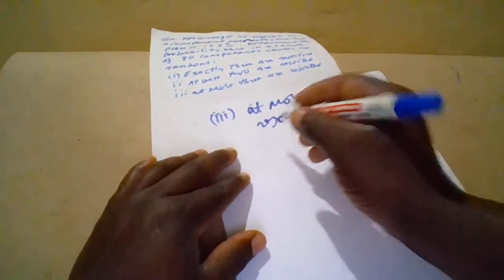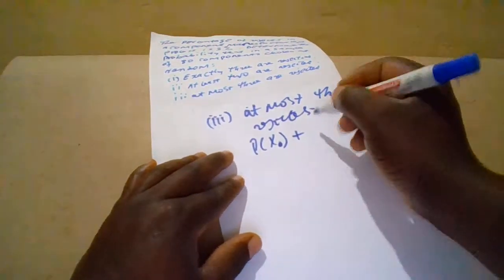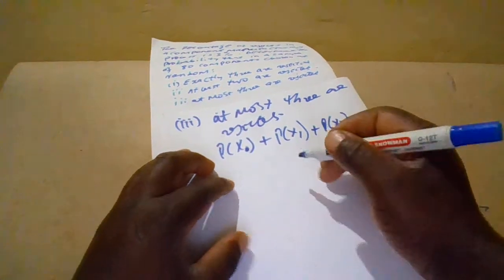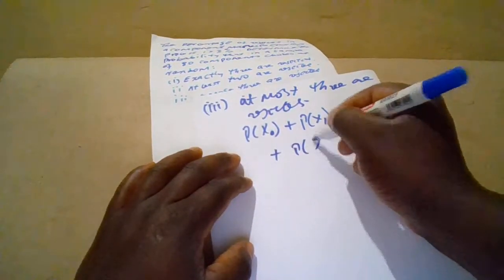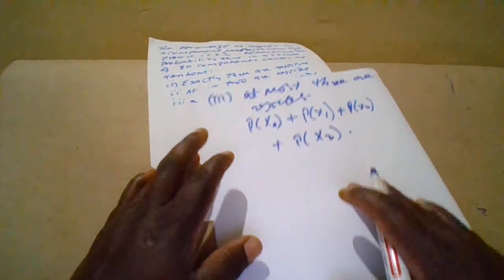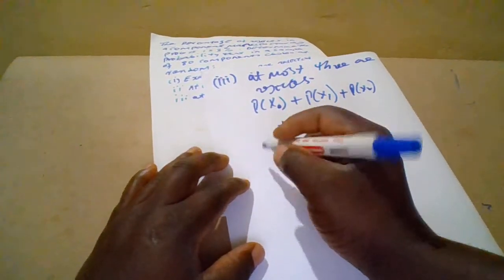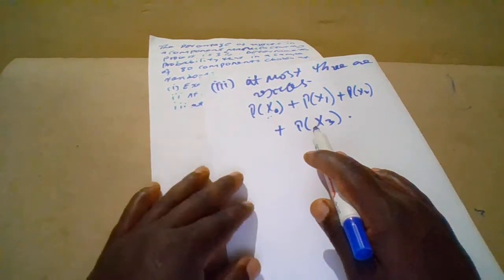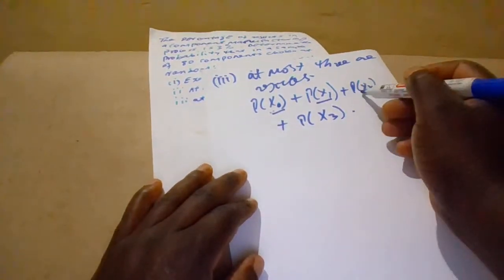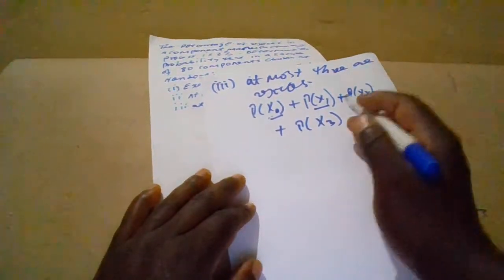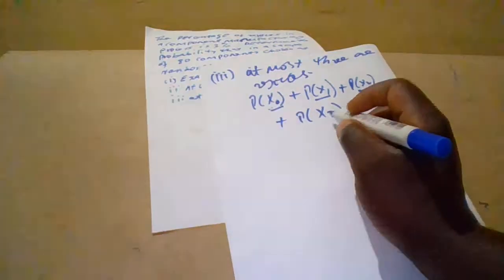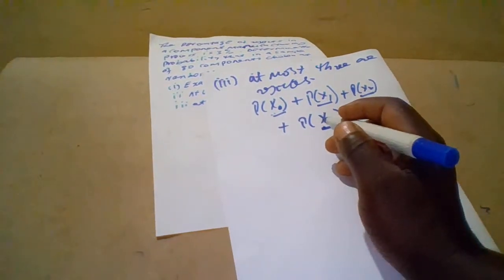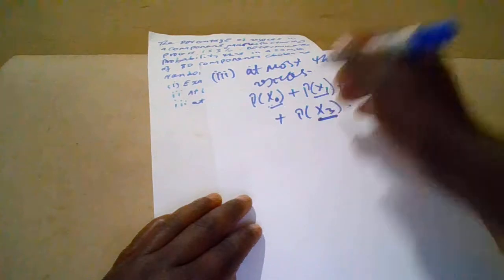So at most 3 are rejected means the probability of x0 plus the probability of 1 reject plus the probability of 2 rejects, and lastly plus the probability of 3 rejects. Once we get each of these and add them, we shall get the probability.